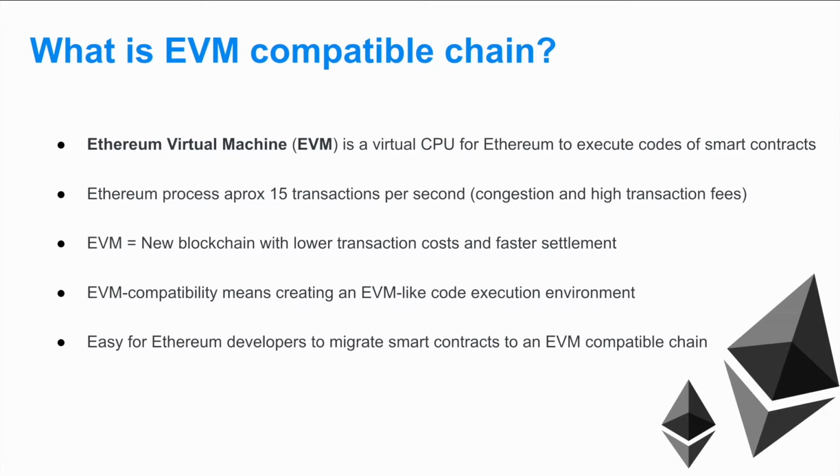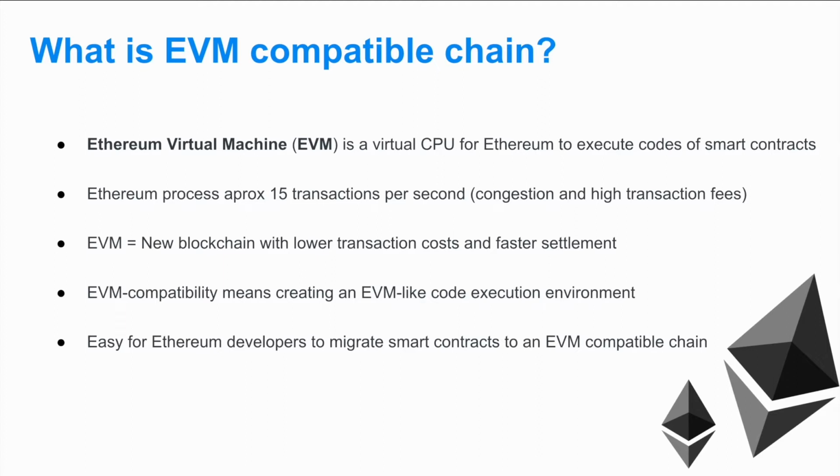And the reason could be, of course, that Ethereum can process only 15 transactions per second. So imagine having thousands of dApps, thousands of transactions. You will get some congestion, right? And you will have high transaction fees. That's not the only reason, but the major reason why we have seen this explosion in EVM supported blockchains, right?